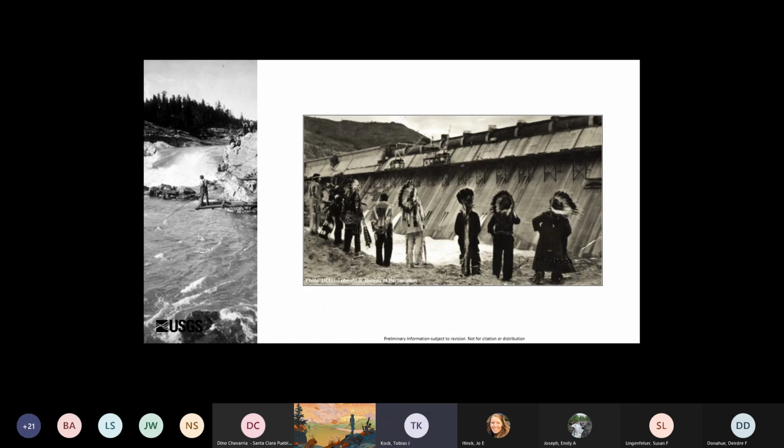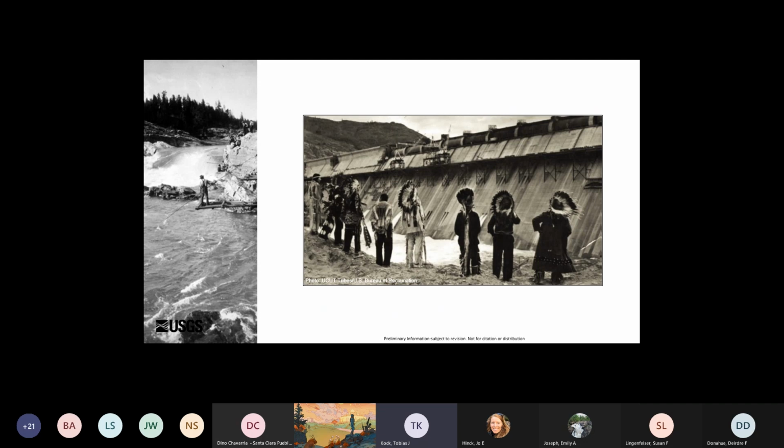This is an image that was taken in 1941. It is the local tribal chiefs looking at Grand Coulee Dam. In the background, Grand Coulee is almost completely constructed at this time. I didn't add any text to this slide, and the one point I want to make before I proceed is if you don't remember anything else from this presentation, remember this picture.